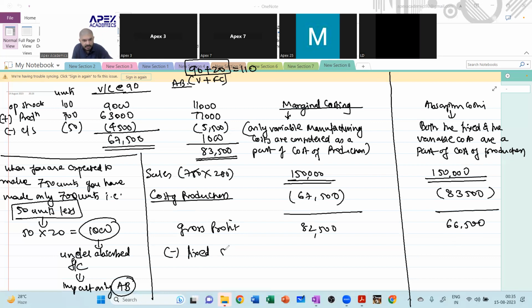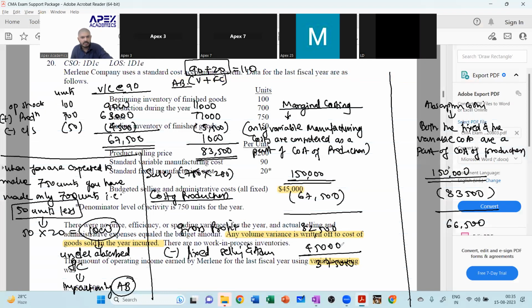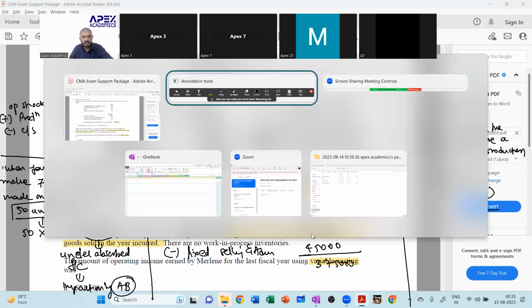Fixed selling and admin. I think that was 45,000. So 82,500 minus 45,000, what am I left with? 37,500. I think it's 45 or what is it? It is 45, right? It is 45. Just a second.